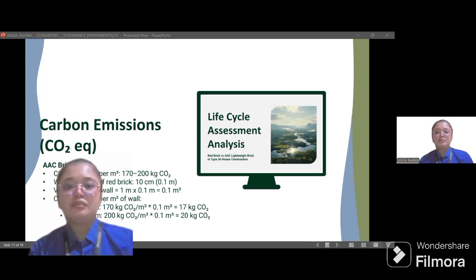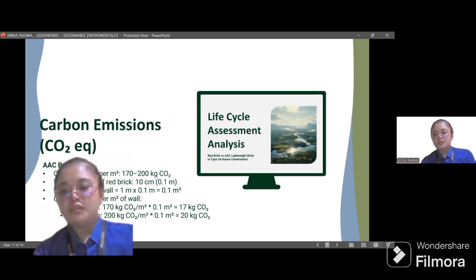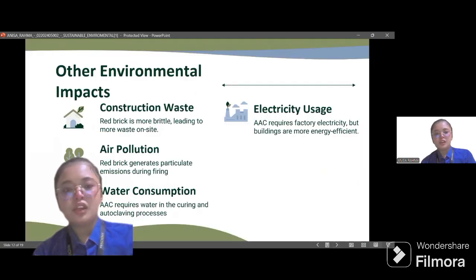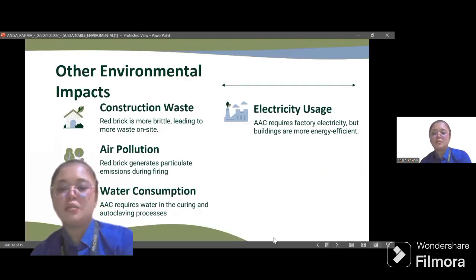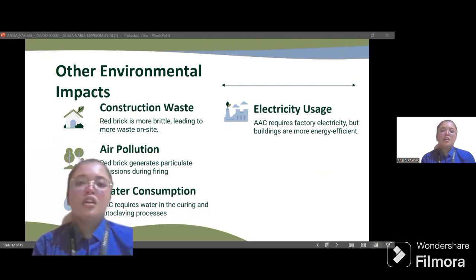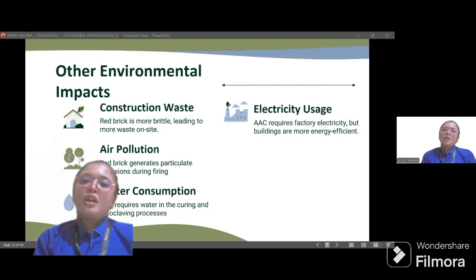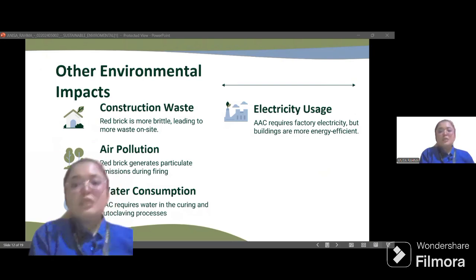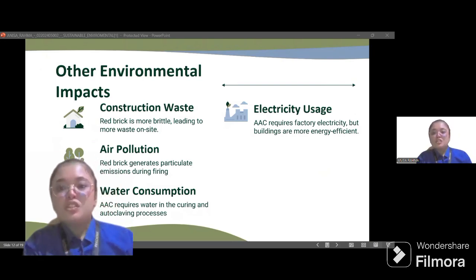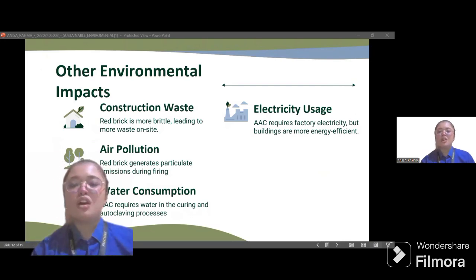And then we have other environmental impact. In this slide, I will explore several other environmental impacts that need to be considered in addition to carbon emission.